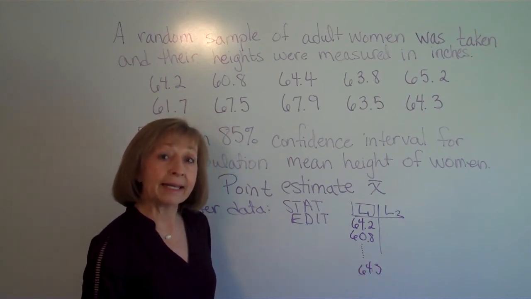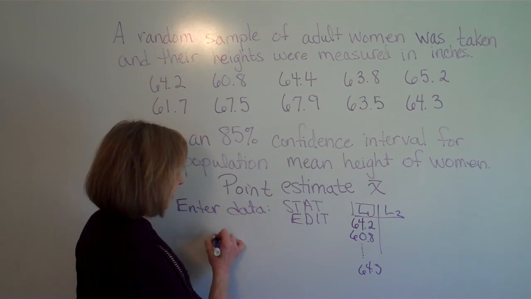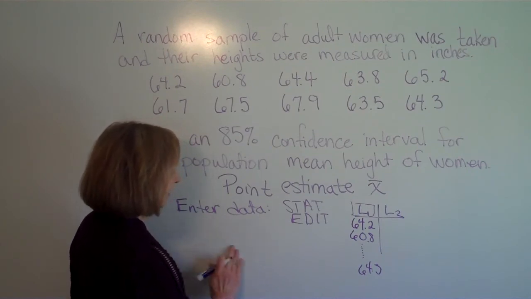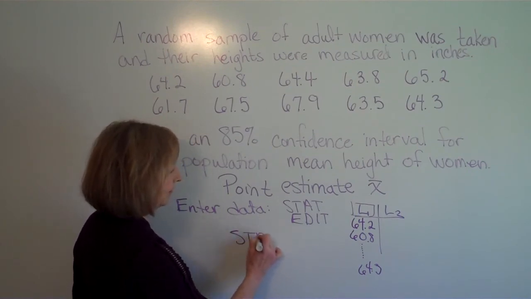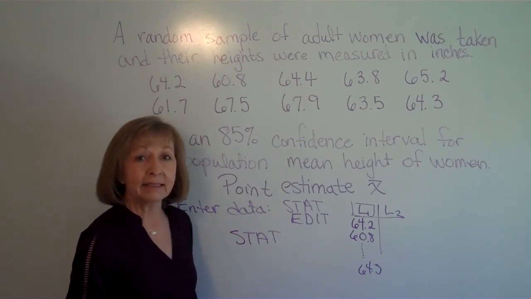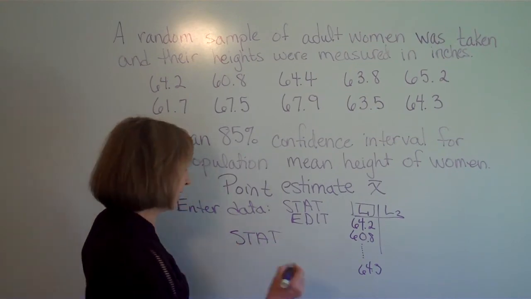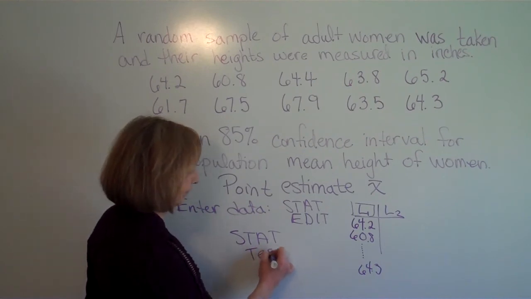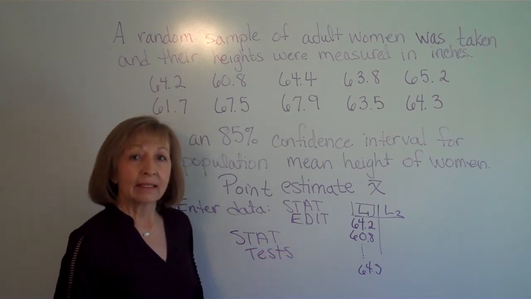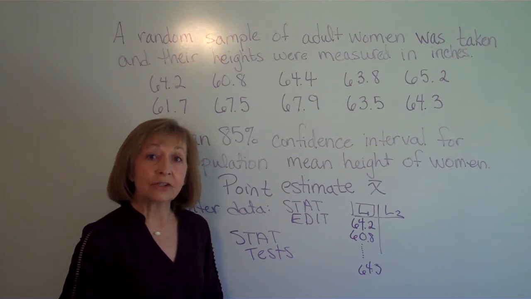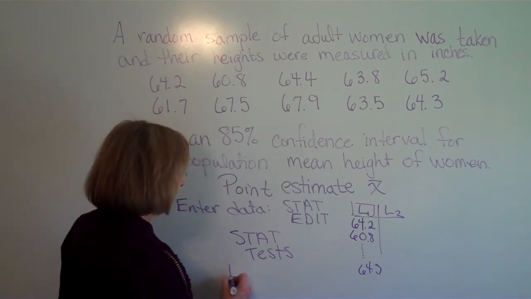Now once you do that, the next thing you're going to do is enter the Stat button again, and then next you're going to cursor right to Tests. Under Tests, you're going to look for the T interval.